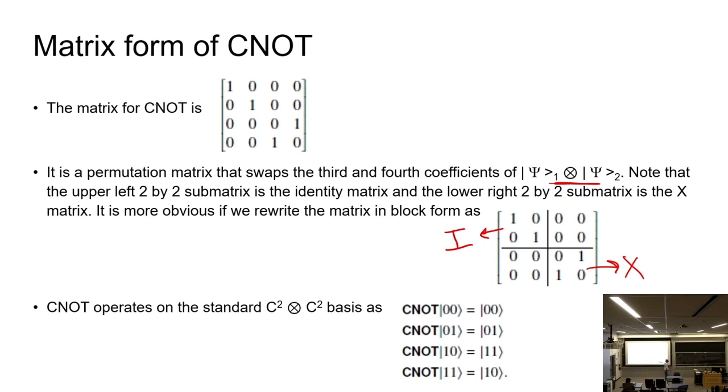If I apply CNOT to 0, 0, I get back 0, 0. If I apply CNOT to 0, 1, I get back 0, 1 because my condition is I only flip if my first qubit is 1. If I apply CNOT to 1, 0, then I get 1, 1, flip the second qubit. And if I apply CNOT to 1, 1, then my condition is met and I flip the second qubit.